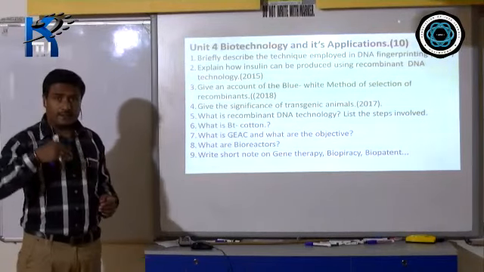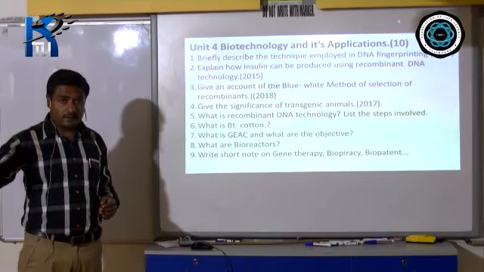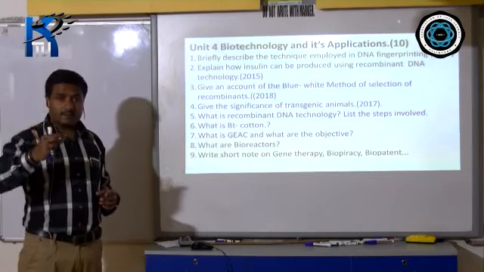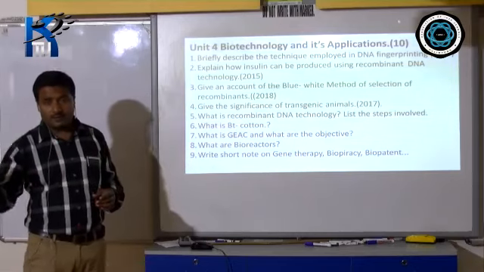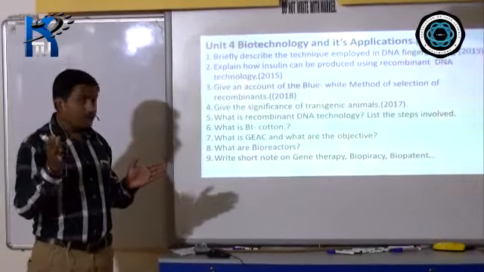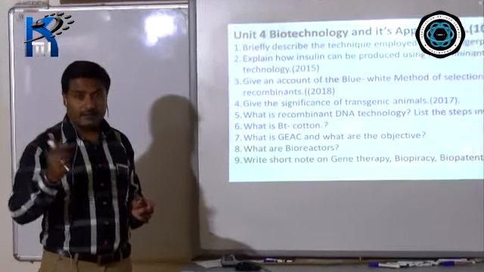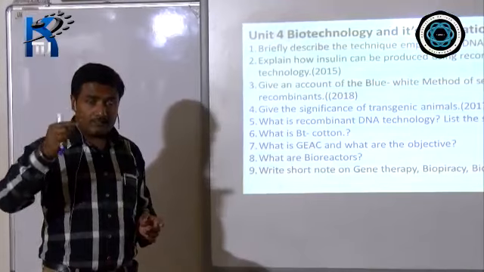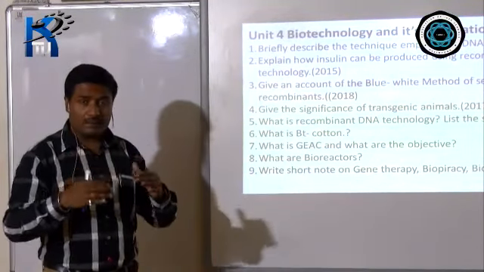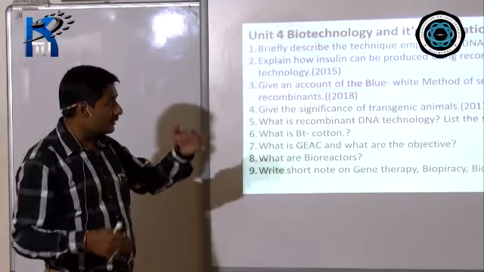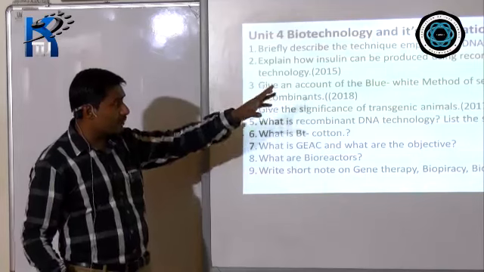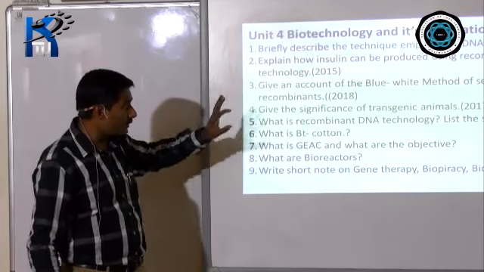Then, in Escherichia coli, the plasmid is taken out, a part of that plasmid is cut out, removed, and then the DNA segment is inserted by a vector. Then, from there, hybridization and those processes follow. Explain how insulin can be produced. This also came in the year 2015.